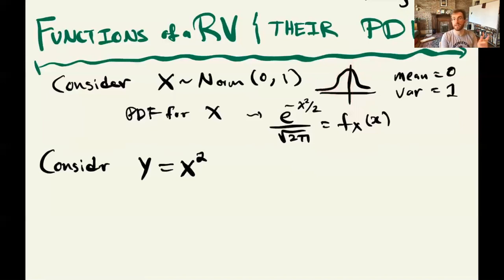Squaring it is going to turn that into a positive number. So this process of y equals x squared folds over the distribution across this axis, and that's going to change the shape of this curve that governs the probability density of y. But what is a formula for it? How can we actually find a formula for it?